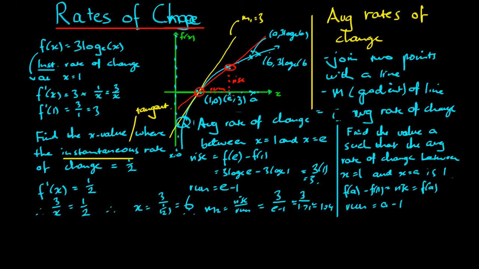Because there's a, there's 1, and this distance here is a take 1. Therefore, the gradient is equal to f a over a take 1, which is equal to 3 log e a over a take 1. And we're saying this gradient has to be equal to 1. You can solve this with your CAS calculator. It comes out as a is equal to 6.71.